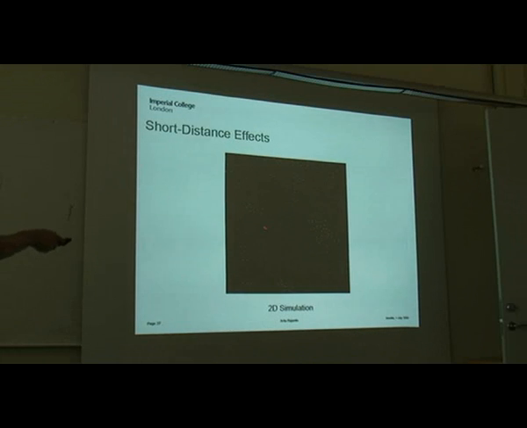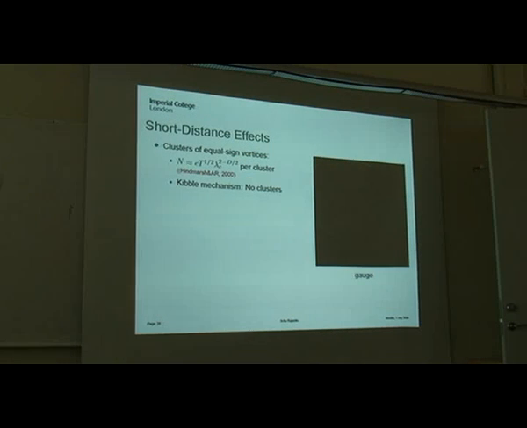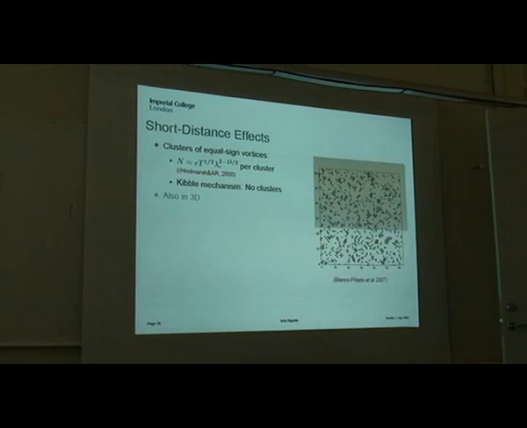You have these clusters of vortices of positive sign and vortices of negative sign. And so that's just quite cute. One can estimate what the size of them is and how many vortices you have there. And for the Kibble mechanism, you don't get any clusters. And people have seen this also in three-dimensional simulations.